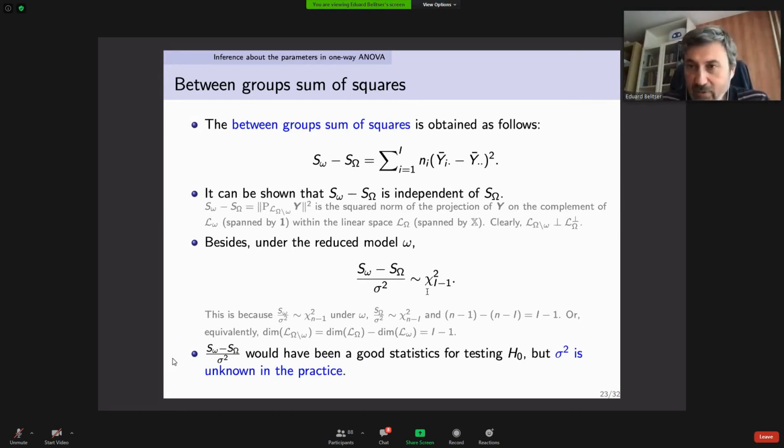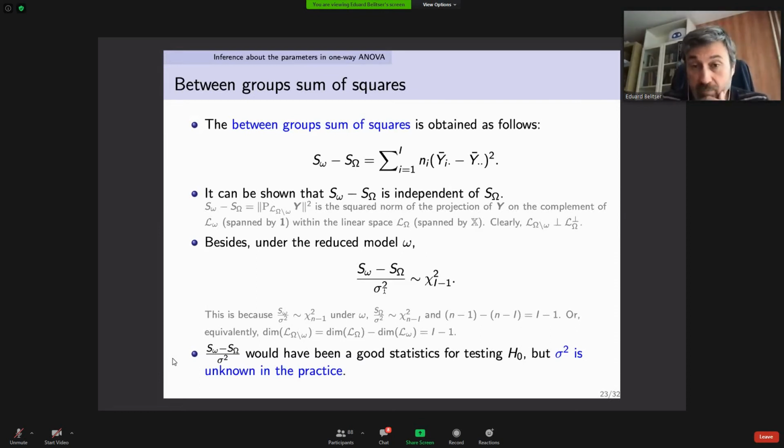Yes, everything would be fine, but there is a big problem. This sigma squared is not known. We would have used that if we knew sigma squared, but we don't. And now we're going to do something kind of artificial, which Fisher did.